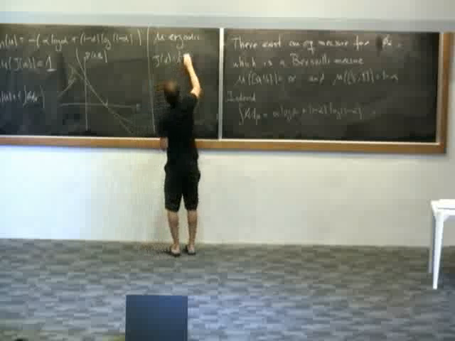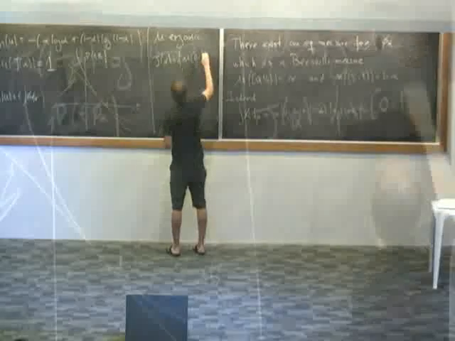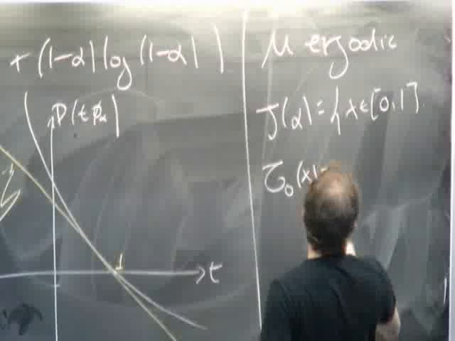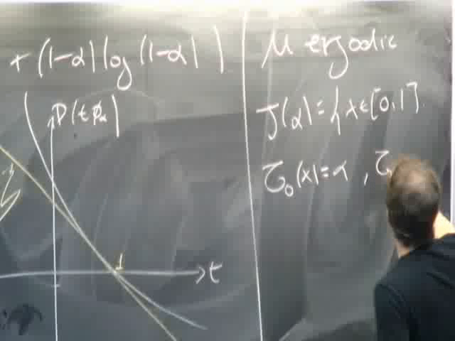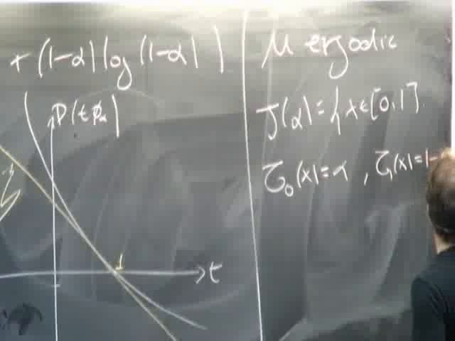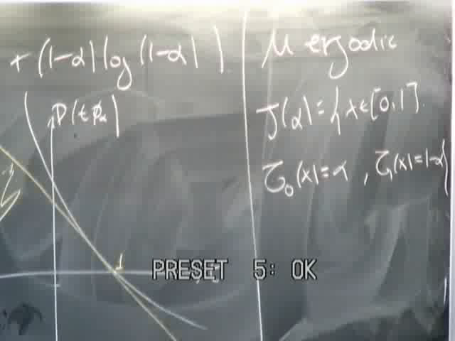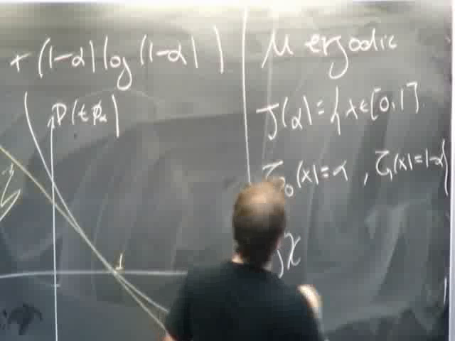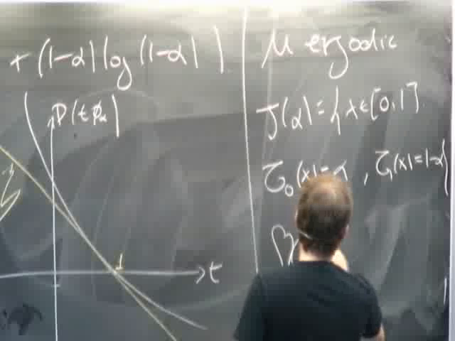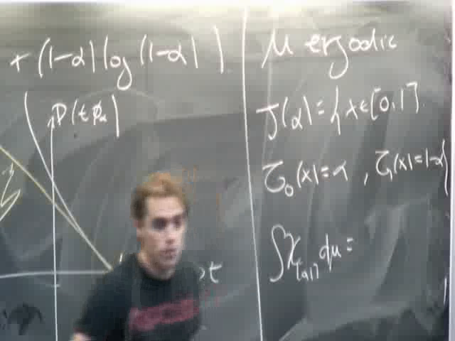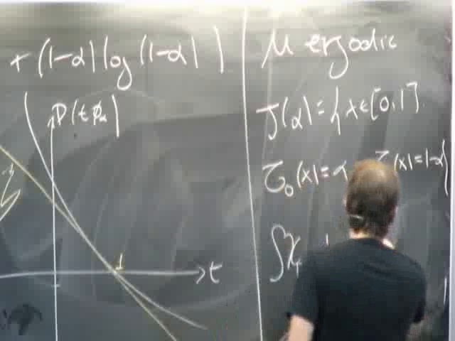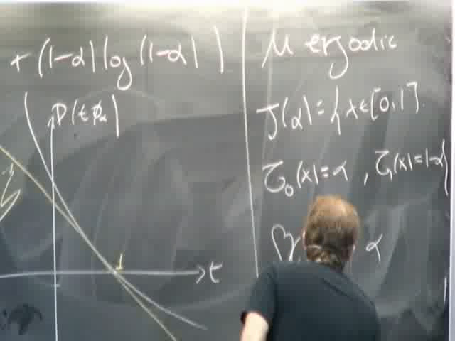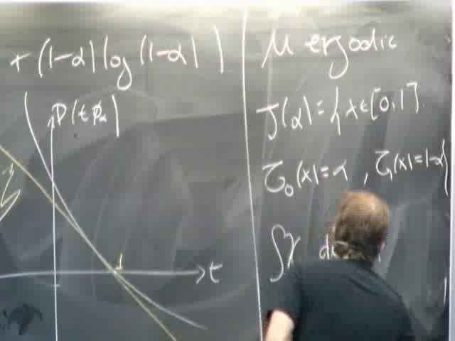J of alpha is the set of points where the frequency of 0 is alpha, and the frequency of 1 is 1 minus alpha. So basically what you're saying here is that the integral of the characteristic function of (0, 1/2) with respect to this measure should be alpha, and the other one, (1/2, 1), should be 1 minus alpha.